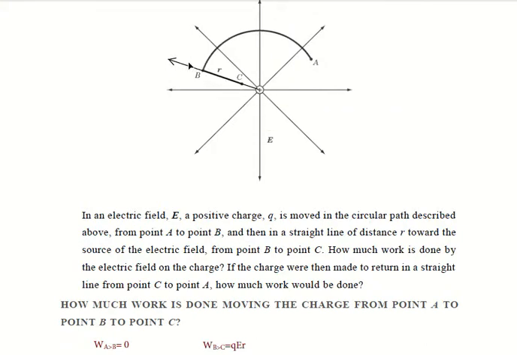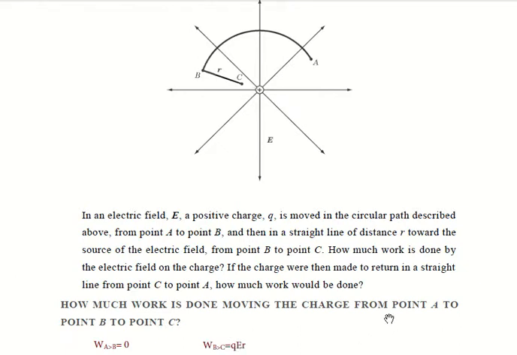It comes straight out from the charge. So you can see that now from B to C we are completely parallel to that electric field. So all of the work done there is due to the charge. So we don't have to worry about any cosines or anything like that.